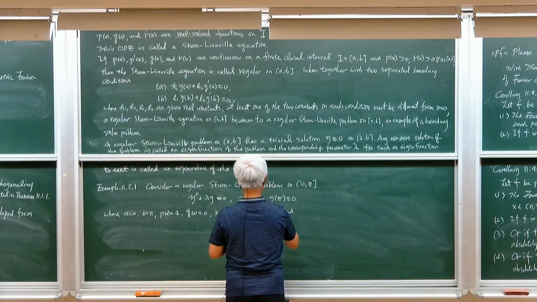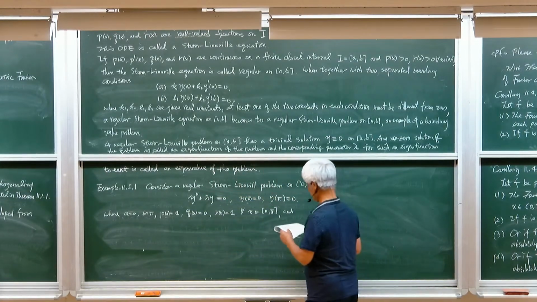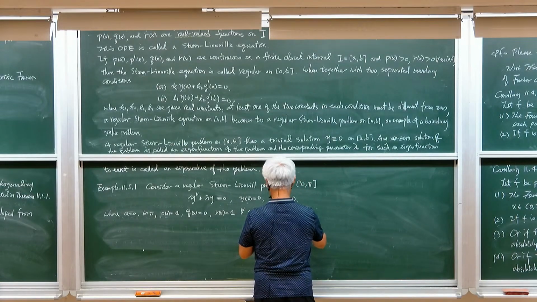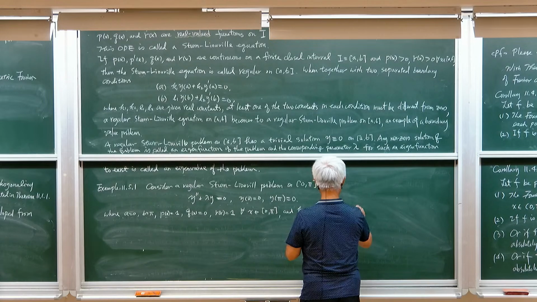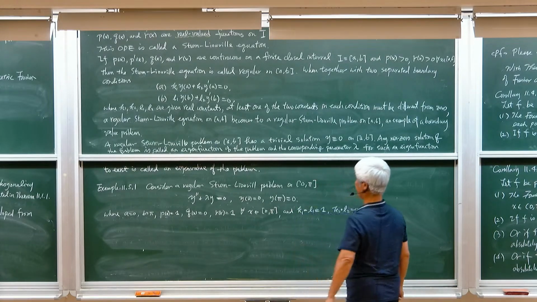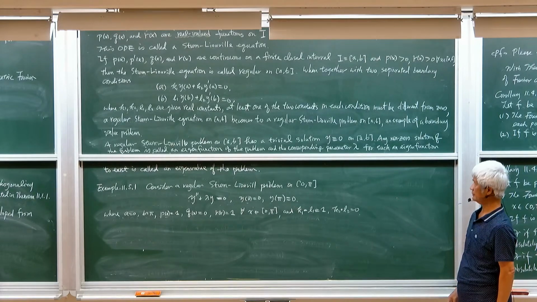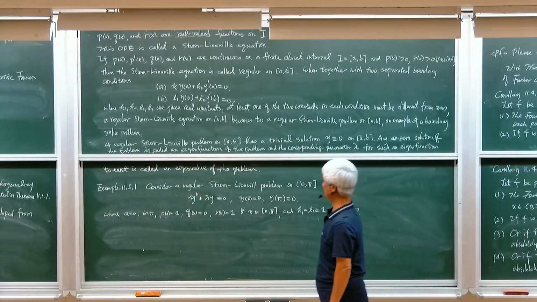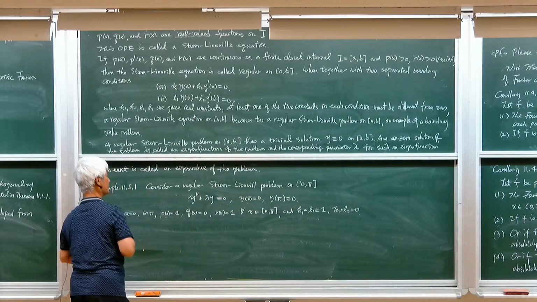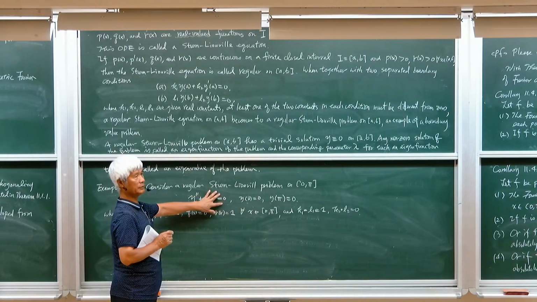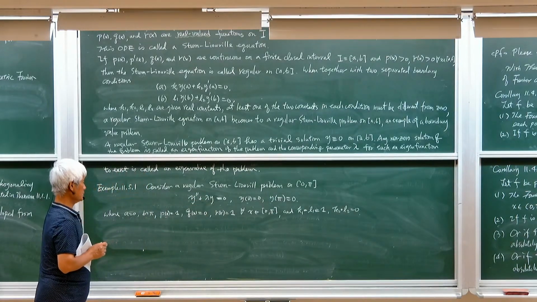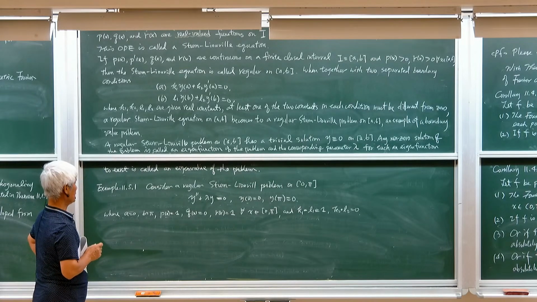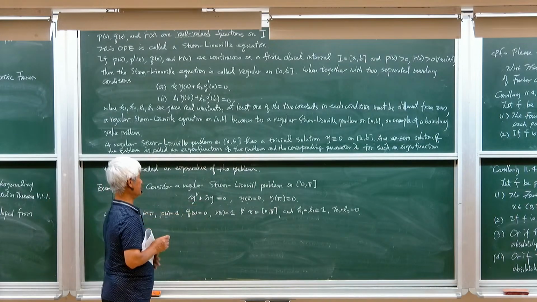And the boundary conditions say that k1 equal to L1 equal to 1, but k2 equal to L2 equal to 0. And we learned how to solve this second order linear ODE with constant coefficients before.